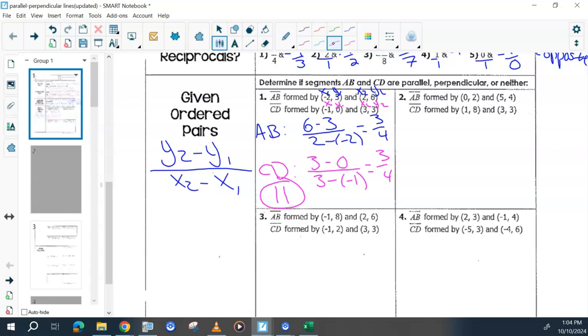Okay, let's try number 2. Let's find the slope of AB. Do the same thing: 4 minus 2 over 5 minus 0. What would that slope be? 2/5. So make sure you're doing this over this.